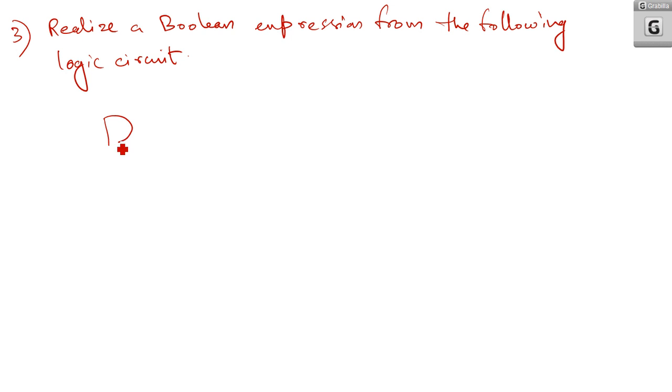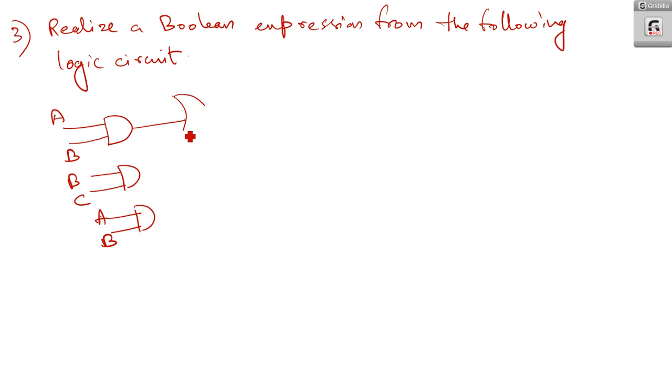So what here we have is A, B. So we are having B, C, A, B. Then again, here A, B, C. These small things are ANDed.